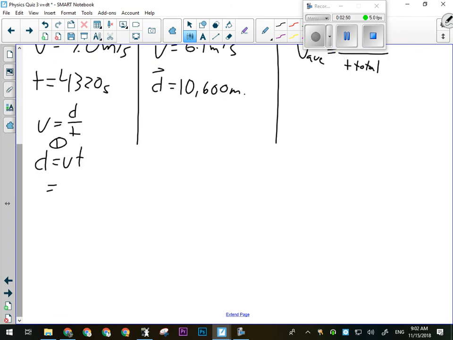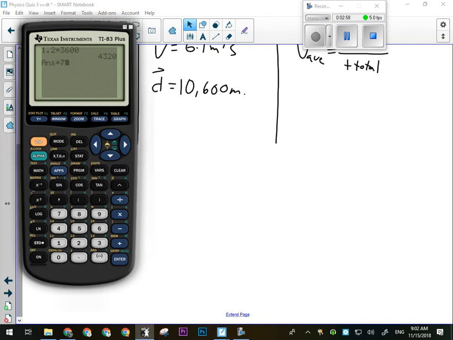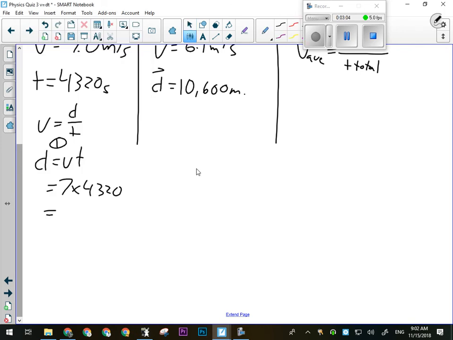Okay, and then we are looking at 7 times 4,320 seconds. All right, which gives us a total distance traveled during that part of the race of 30,240 meters.